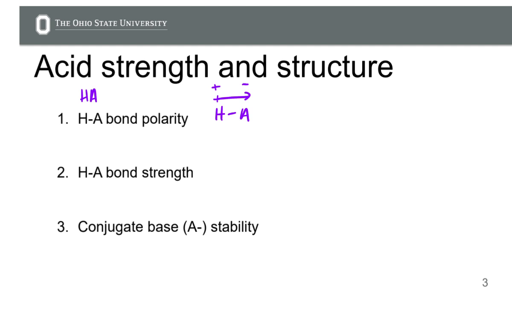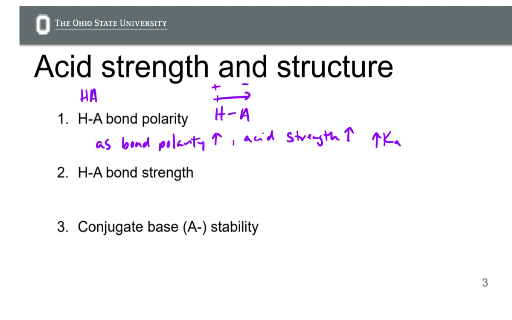So what we see is that as bond polarity increases, so the polarity between the hydrogen and whatever it's bonded to, the acid strength increases. And when we're talking about acid strength increasing, that means we have a larger Ka.